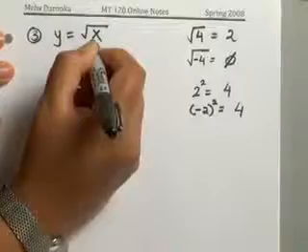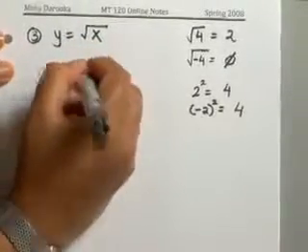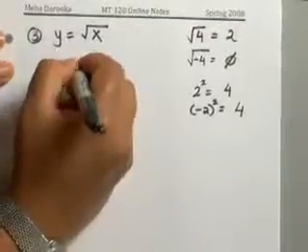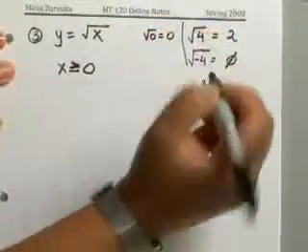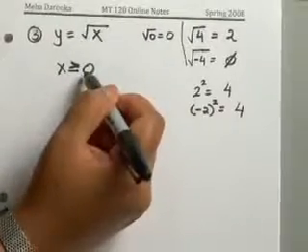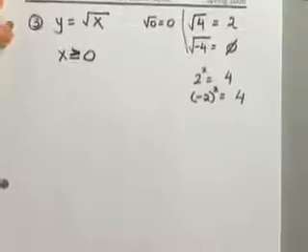So using that idea, this tells me that my x here has to be greater than or equal to 0. You can take the square root of 0, which is just 0. So here your x has to be either a positive number or it can be 0. It cannot be a negative number.